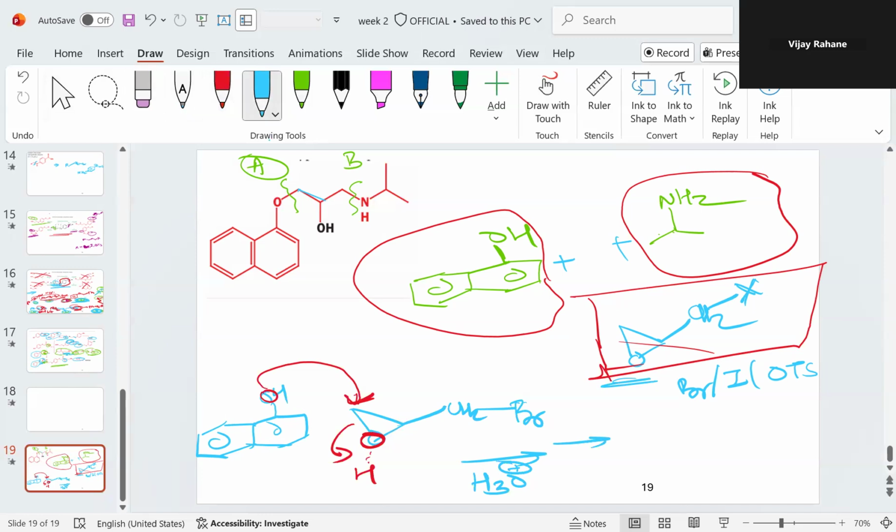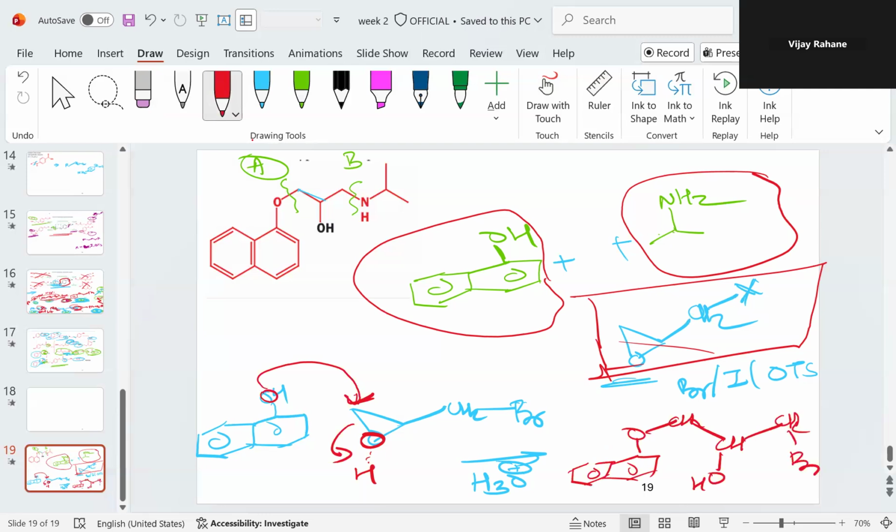And in this step we now get our first intermediate, which is this naphthyl with the OH here, which has this CH2 from the epoxide. This is CH. Now this becomes OH, and this will be the CH2Br. And if you add this NH2 part on this one, I will take it on the next slide.